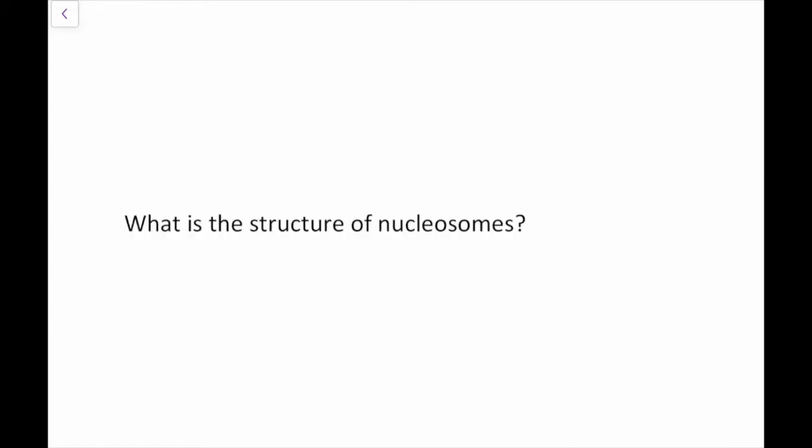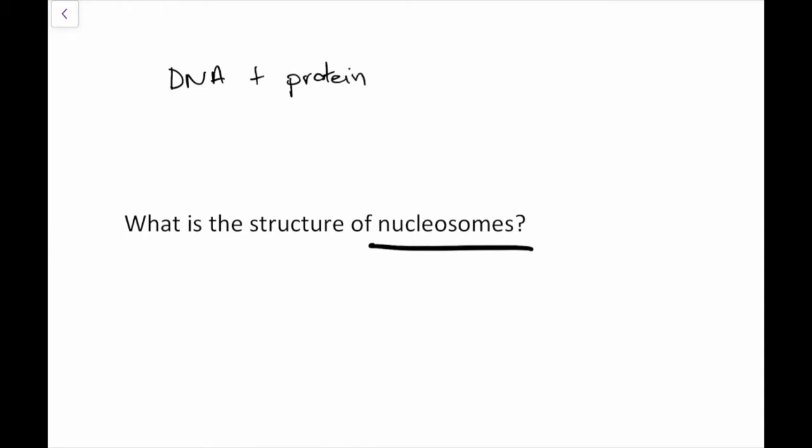So our next question is about the structure of DNA, and how is DNA structured? Well, it's structured around nucleosomes. So in eukaryotes, in species that have a nucleus, we have packaging of DNA. And it's packaged up, we have DNA associated with protein.